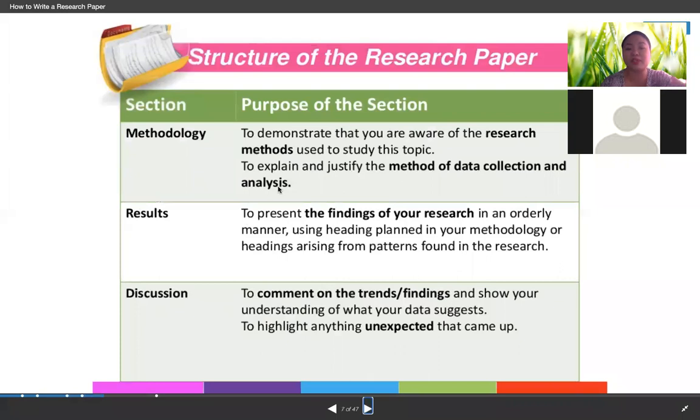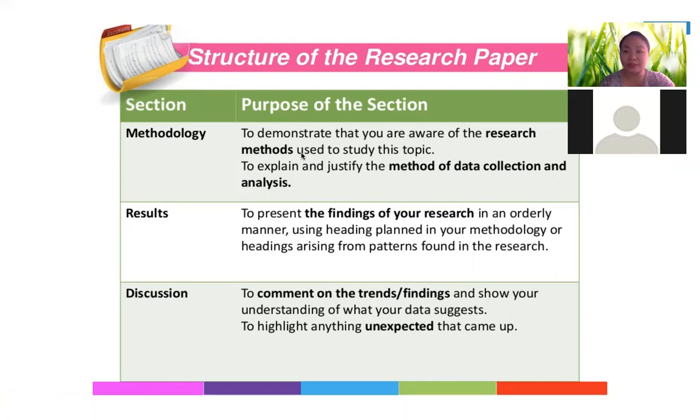Some methods, when you are going to conduct a research, will demonstrate that you are aware of the research methods. That's why I told you it's better that you have taken the research methods subject before. But anyway, we have a topic, a chapter under this, which is research methods.